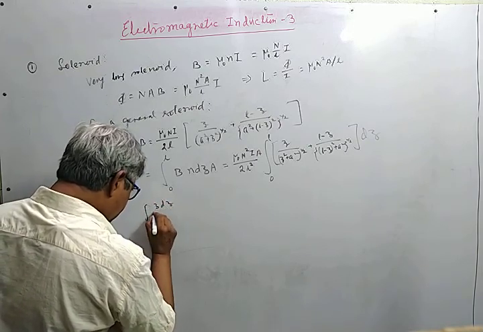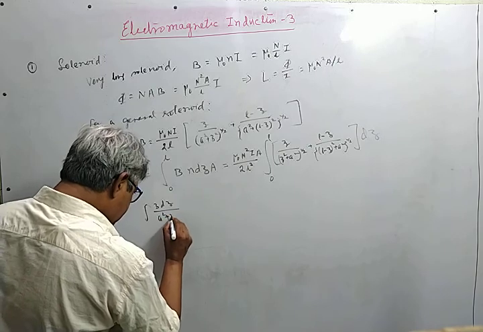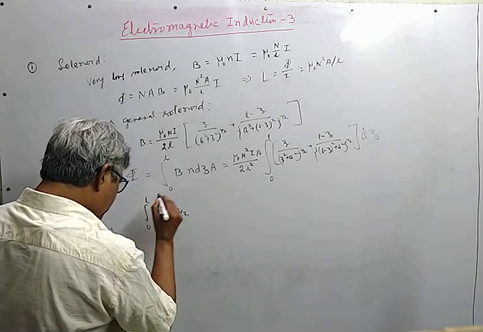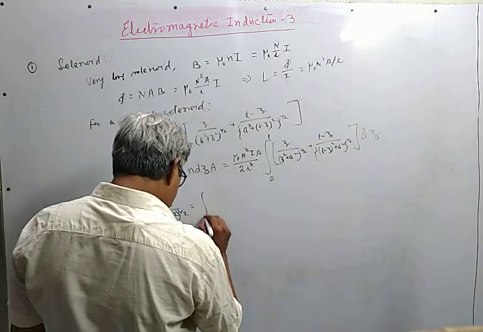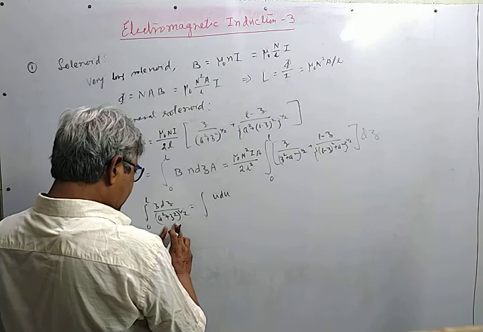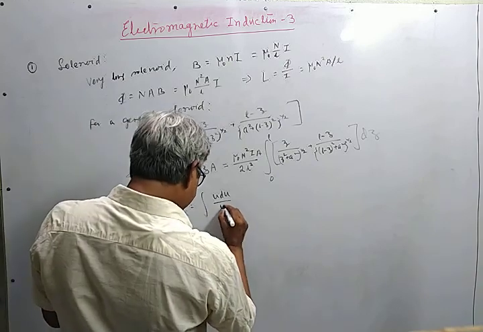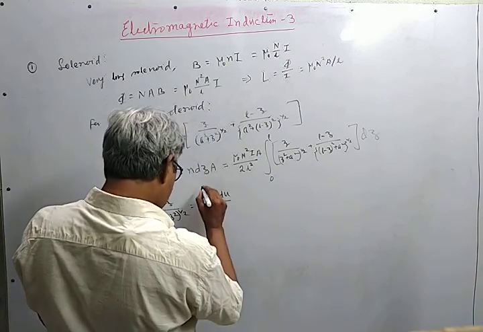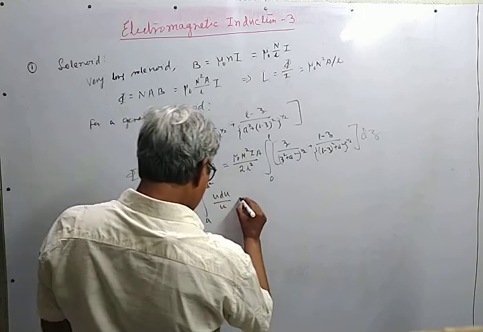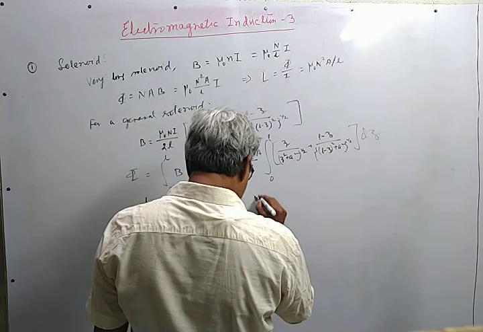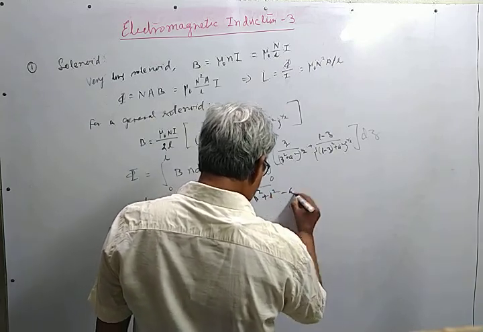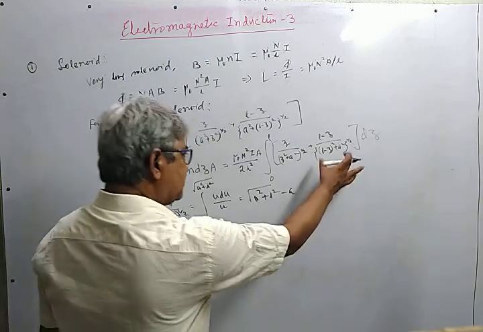Z dz over (A square plus Z square) to the power half, integrated from 0 to L. So this is U du, where U square is A square plus Z square, divided by U, and this term is also there.